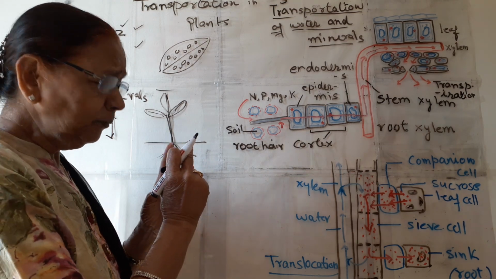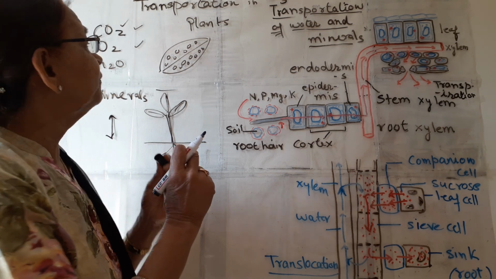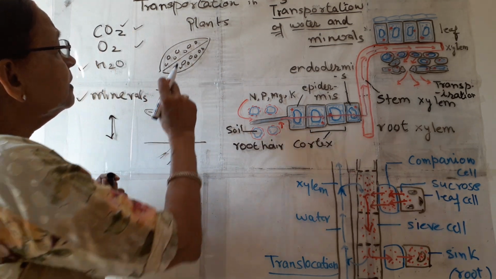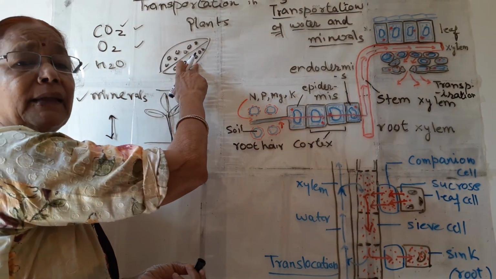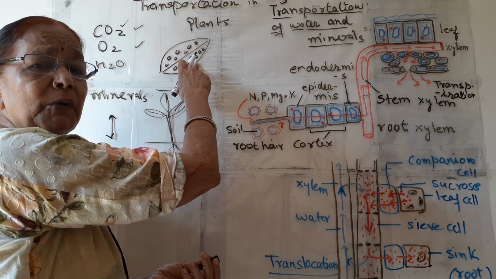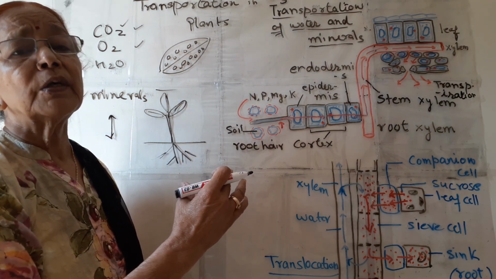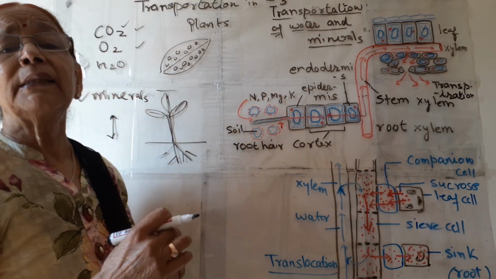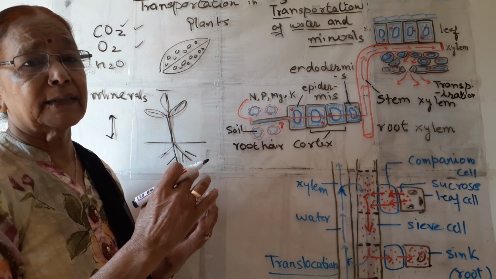This is one thing. And one more substance needs transportation, and that is the metabolic products formed by the leaves. What are these metabolic products? These are glucose or sucrose or other carbohydrates which are made by the green part of the plant by photosynthesis.